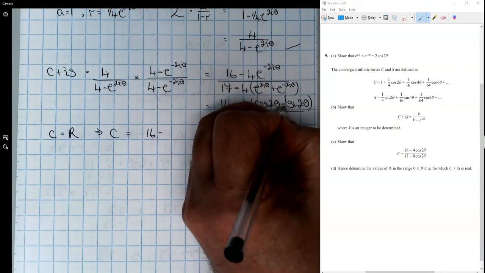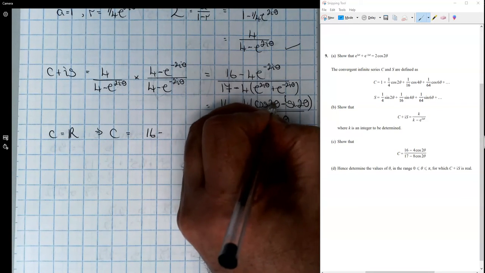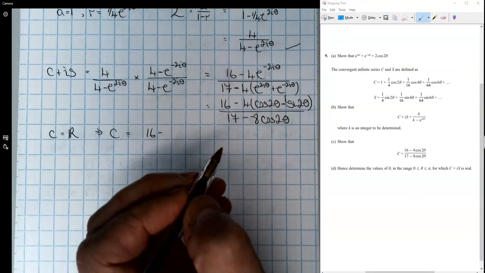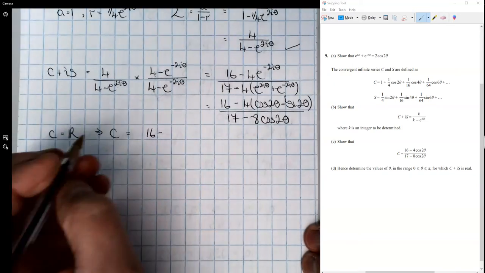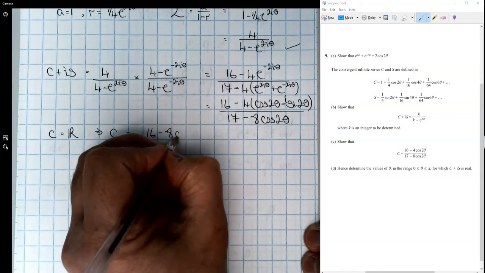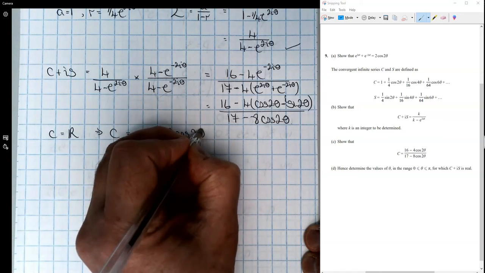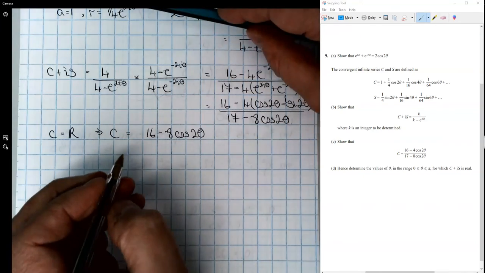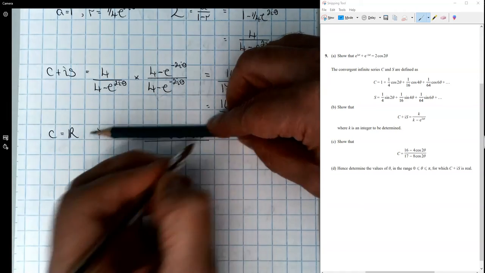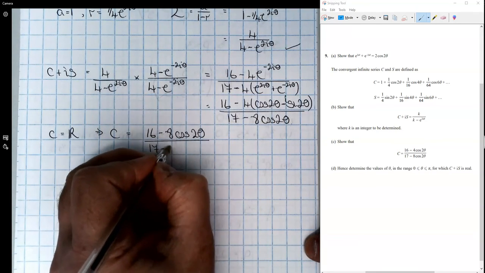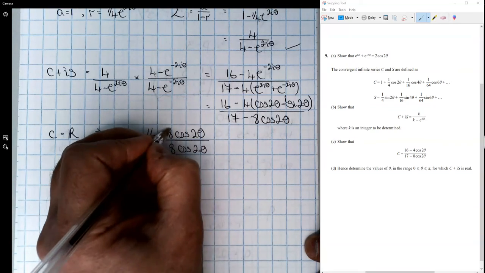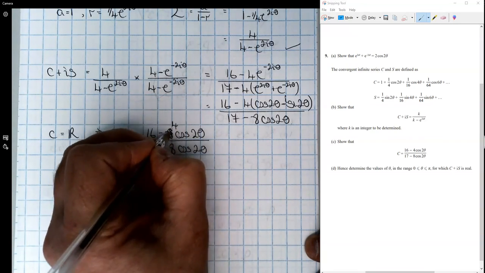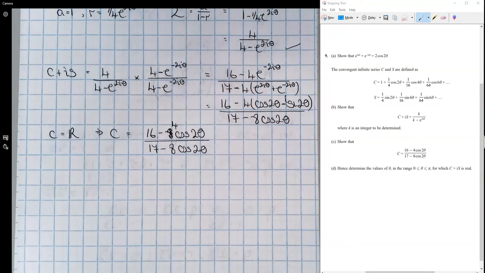Cos 2 theta plus i sine 2 theta, and we had a minus 2 theta, didn't we? Cos of minus 2 theta plus i sine of minus 2 theta. So 16 minus 8 cos 2 theta over 17 minus 8 cos 2 theta. Sorry, 4 there, apologies again. 4. Okay, so is that part C done?